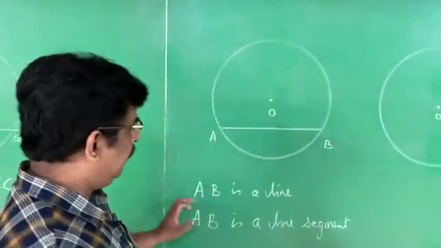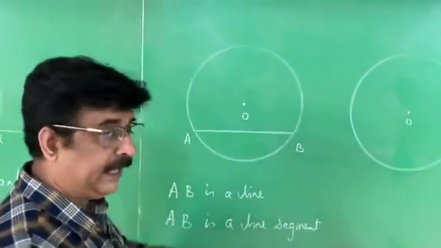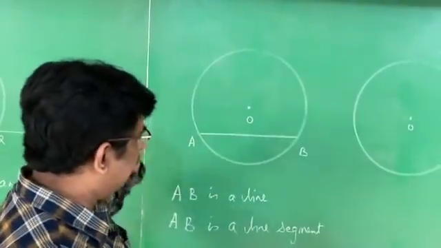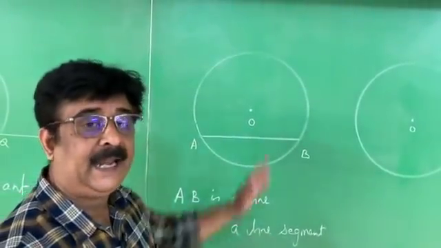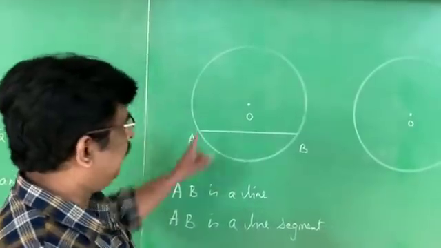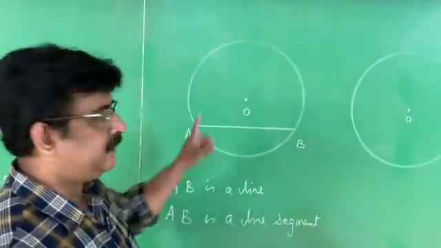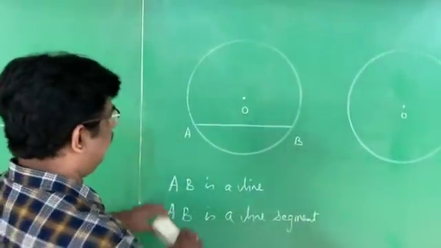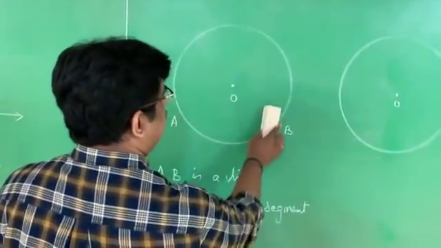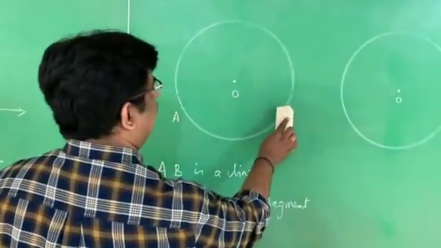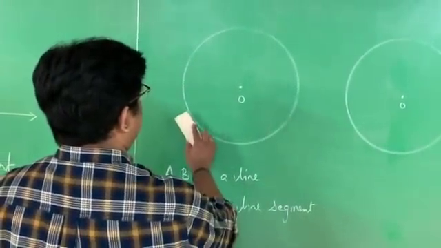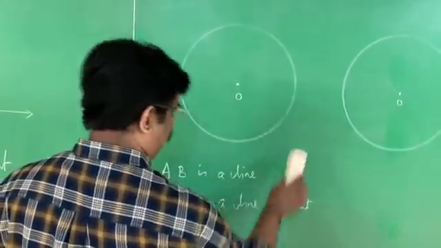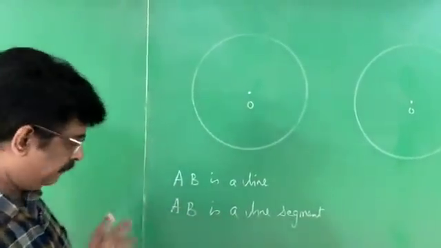If they give AB is a line, then you have to guess: AB can be a secant. If AB is a line segment, then it is a chord. That is the difference. I repeat once again. Whenever they give any concept like this, you have to always be careful about the word line and line segment.